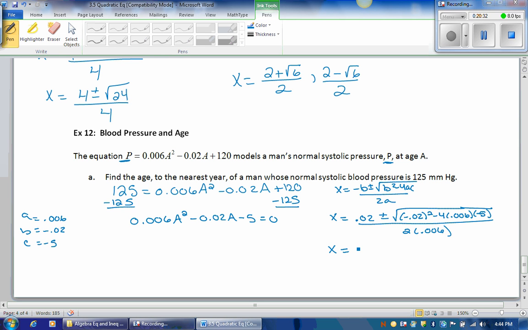You're going to use your calculator to determine that value underneath the radical. Now I'm actually going to split this up into two, one plus and one minus, and put it right in my calculator to see what I get.